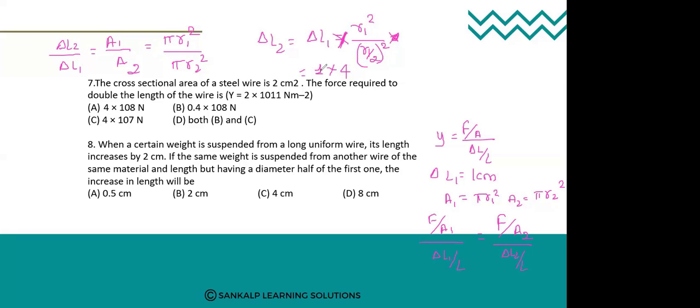So if it goes to the numerator, 1 into 4. Therefore, the answer is 4 centimeters. So many students have given the option as C. Option C is the right answer. Yes, completed.